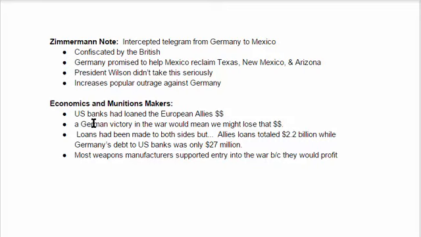Part of that was because Britain had used their navy to blockade Germany, so we couldn't send supplies to Germany. We could only send them to Britain. We'd not just sold things, but when they ran out of money, we'd also loaned them money, so they owed us money. A German victory would mean that we might lose that money. That was going to be a big problem for us if the Germans won.